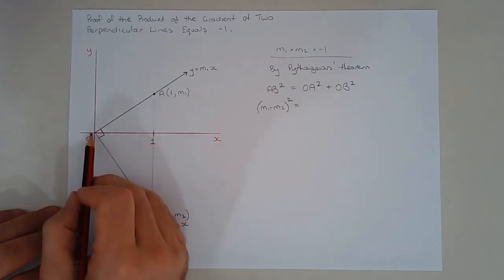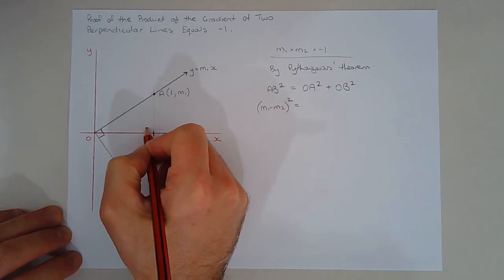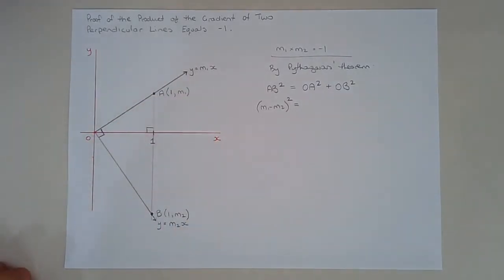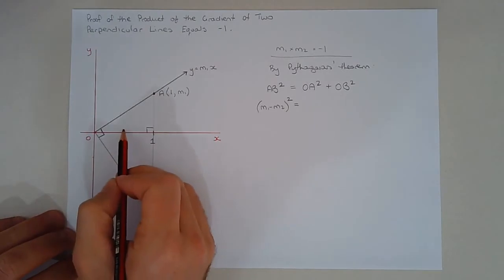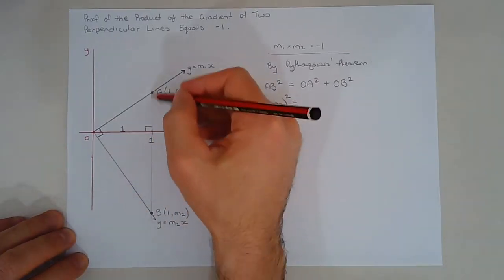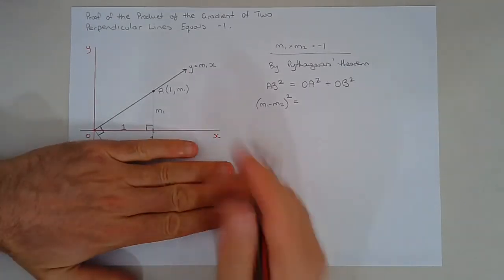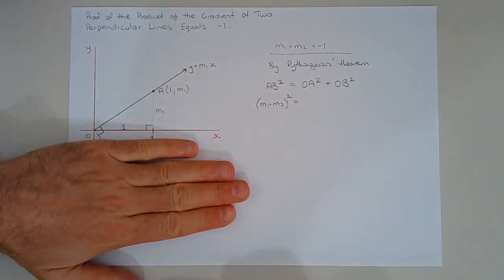OA squared: if you look at this smaller right angle triangle, it's a nested right angle triangle inside the larger one. One of the short sides is 1, and this vertical short side is m1. We're only focusing on this top triangle here.